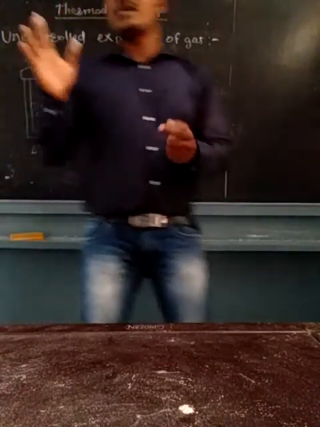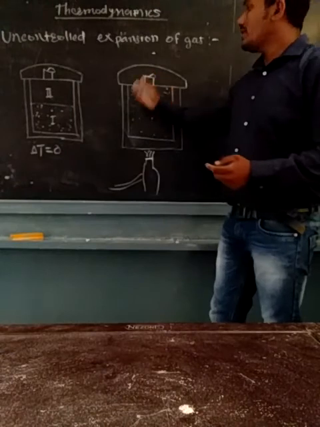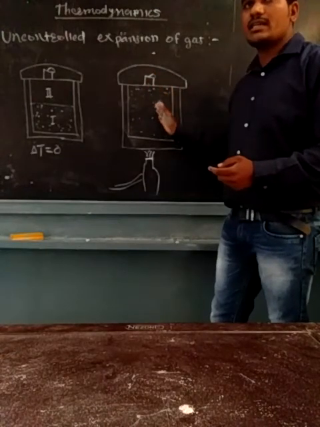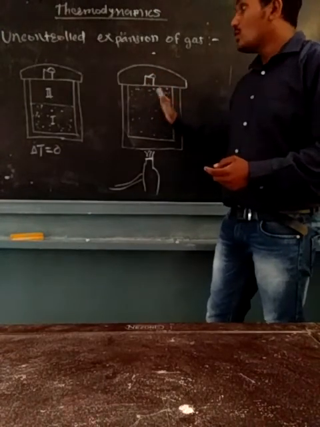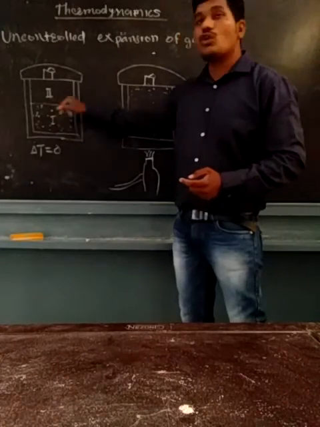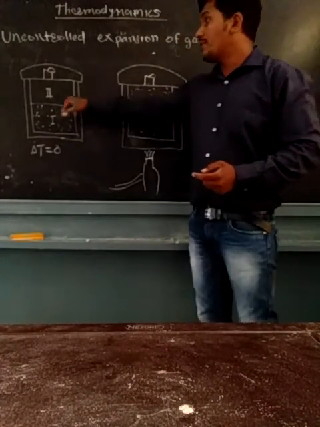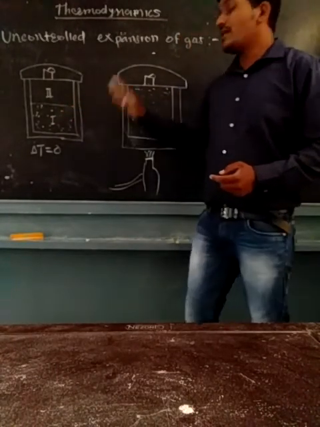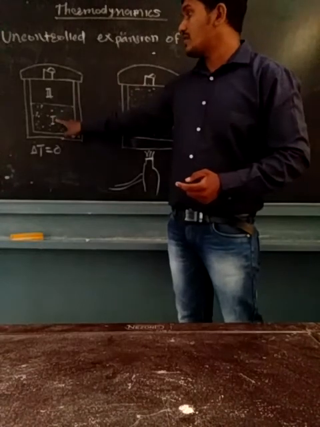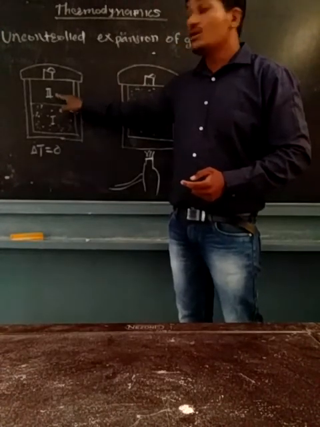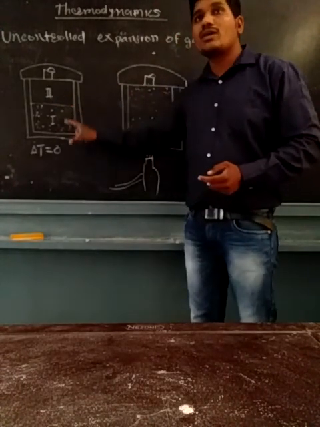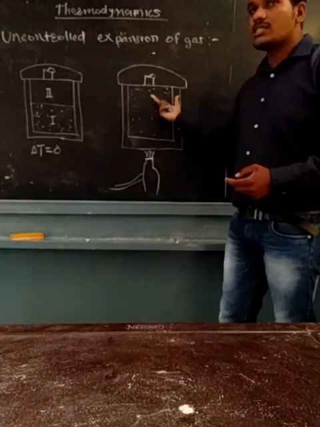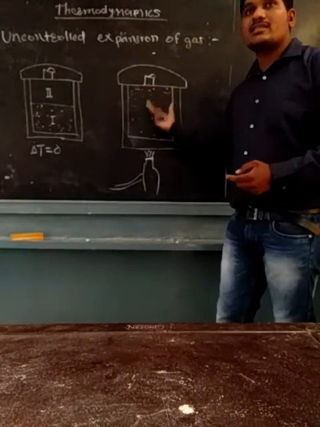After that, the gases will spread in the entire piston cylinder arrangement, in the entire cylinder. In this case there will not be any breakable section, whereas in the first case sections 1 and 2 were considered. Because this partition has broken down, all the gases will now spread into the entire cylinder.